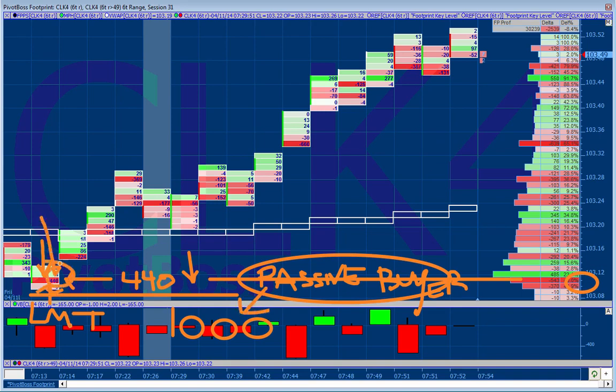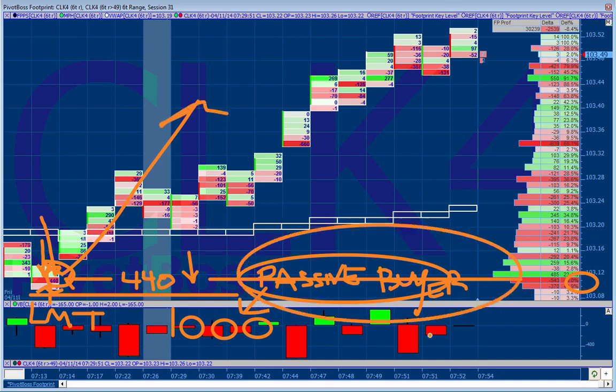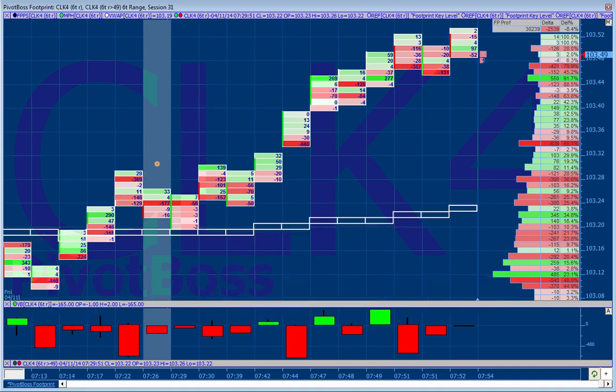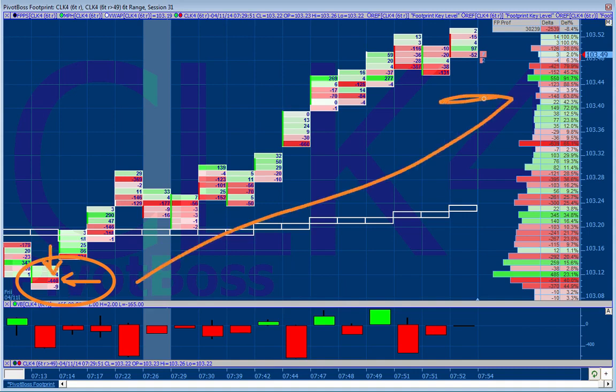So when it comes down, it fills immediately and rejects because this passive buyer had a stronger hand and was able to sweep the offers and push price higher. Because this person right here got stuck because there was a bigger passive buyer that was absorbing that supply, and then price reversed when this person right here had to cover. So that's what's happened here.